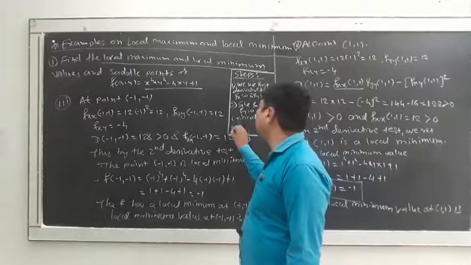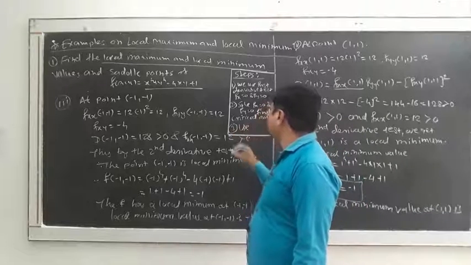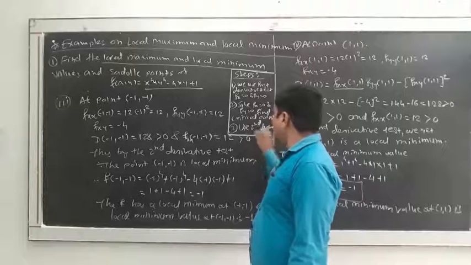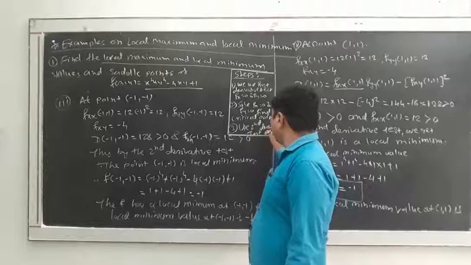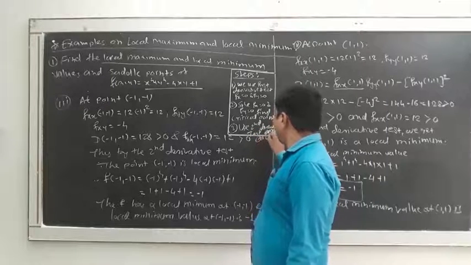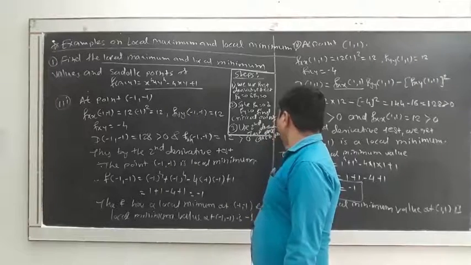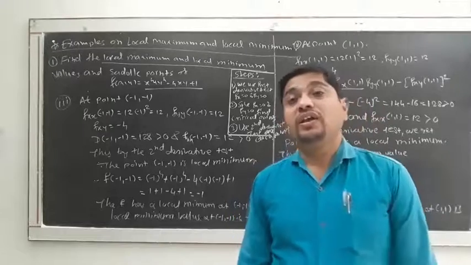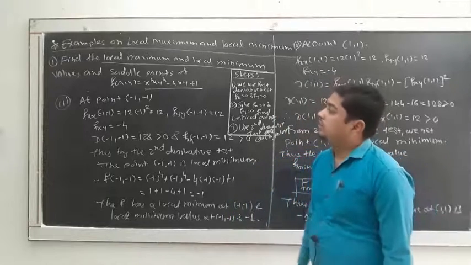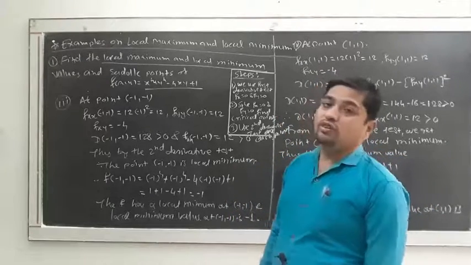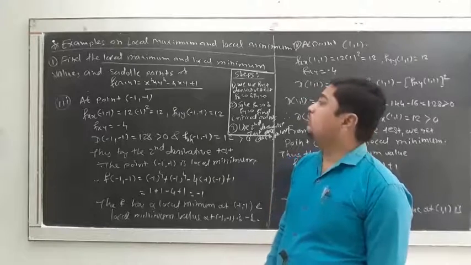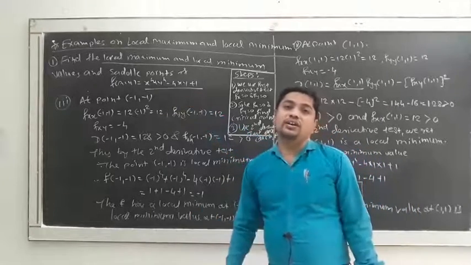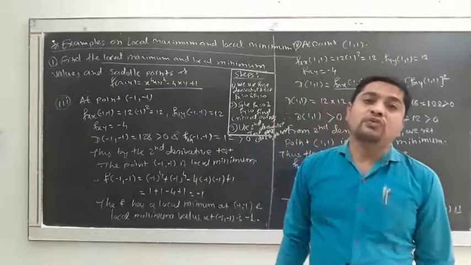And then the third step: use the second derivative test at each point. You have to use the second derivative test for each point, and then find the local maximum or minimum value by putting the point into the given equation. So there are 4 steps.